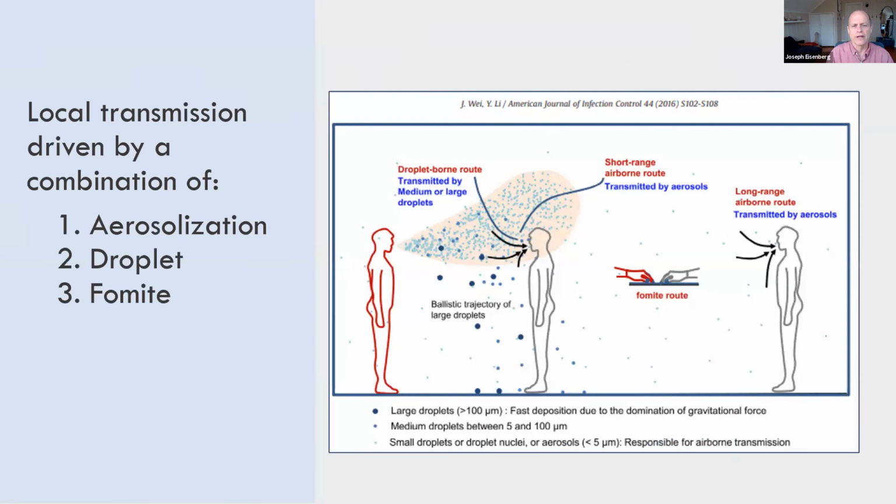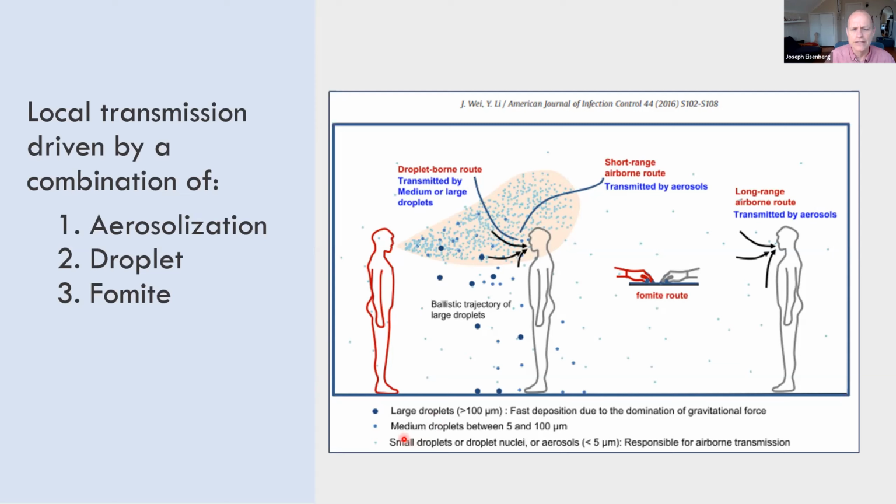And this diagram here provides a nice pictorial on the different types and environmental pathways that do play a role in transmission for COVID-19. And it's important here to realize and understand that viruses adhere to particles of different sizes, and it's those particles that move the virus through the environment.